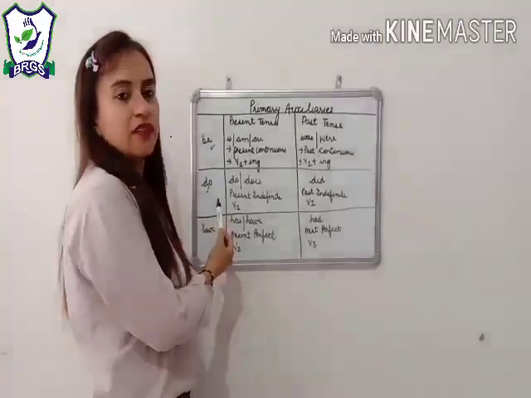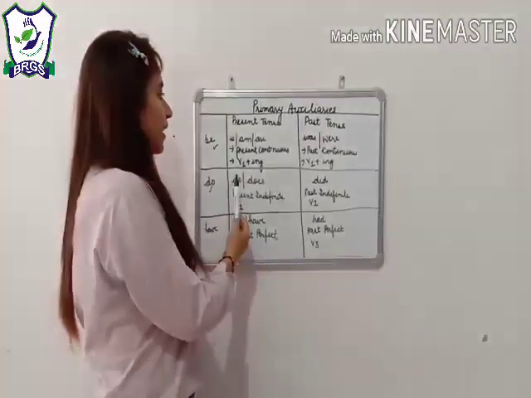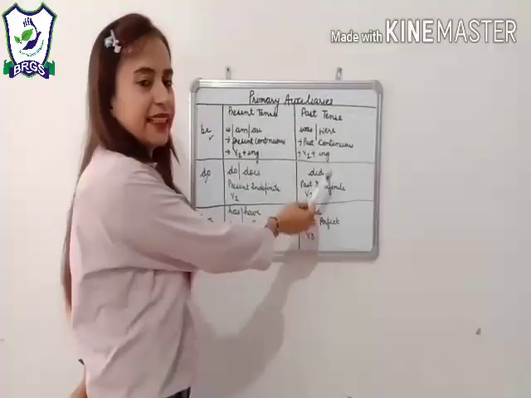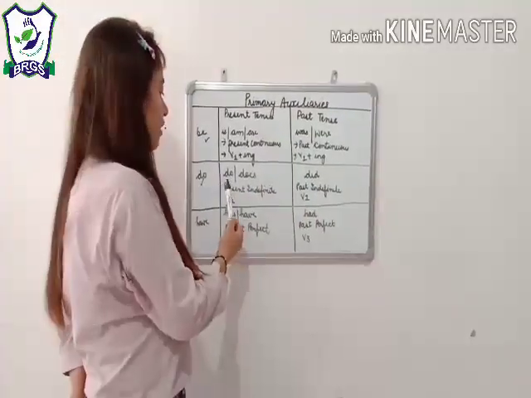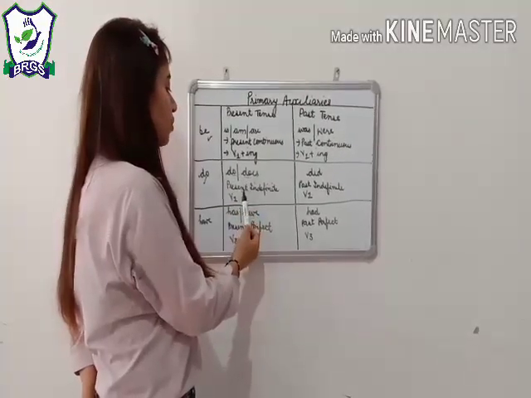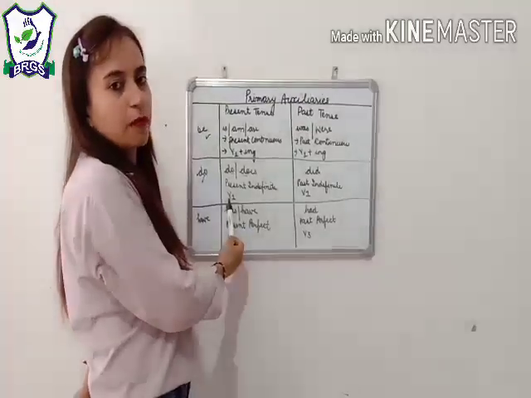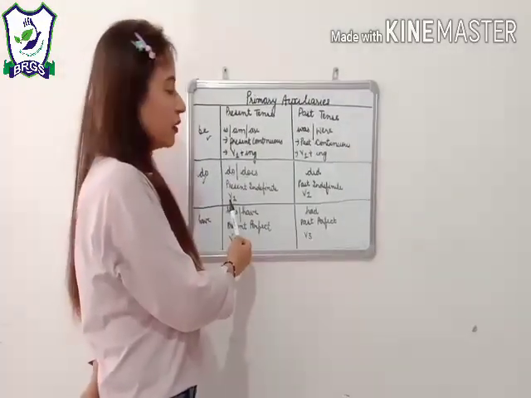Now our second auxiliary is do. It is used as do, does in present tense and did in past tense. Do, does is used in present indefinite tense and it is always followed by the first form of verb.